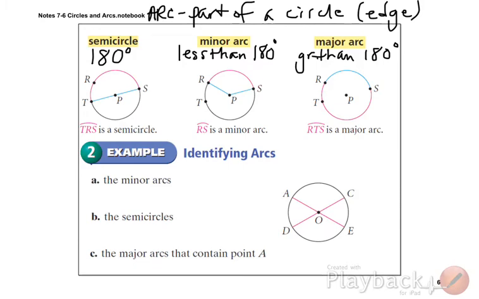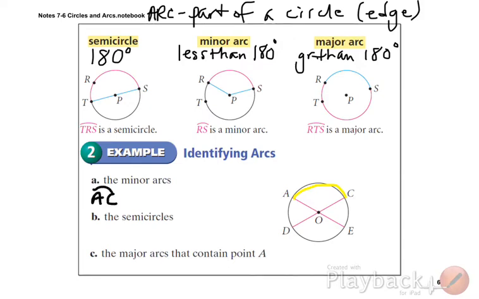So we're going to go to this circle down here at the bottom, and we're going to identify some of these arcs. First we have all the minor arcs. I'm going to highlight these in yellow. One arc I see here would be that arc right there. That's going to be arc AC.